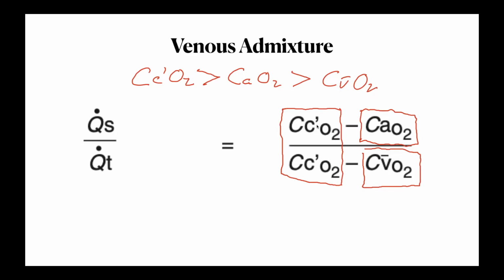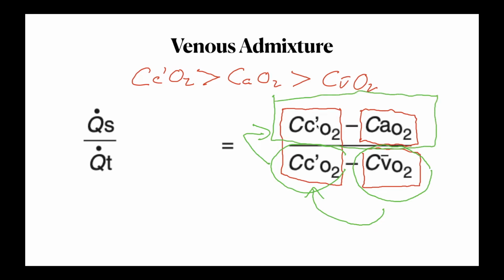After you're able to write this formula down, if you get asked in the Viva or in the SAQs to explain this in words, it is as simple as this. It is the amount of mixed venous blood that needs to be added to end capillary blood to see the observed difference between arterial and end capillary PO2.